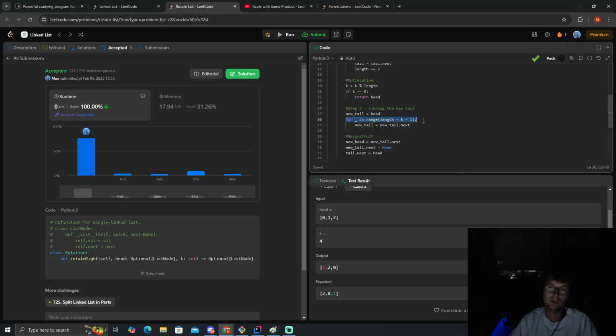This will loop over the amount. But why?